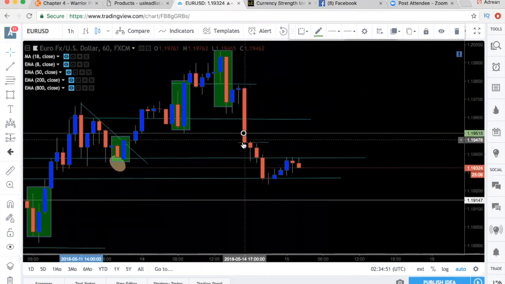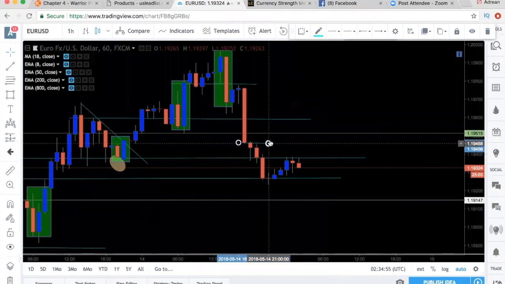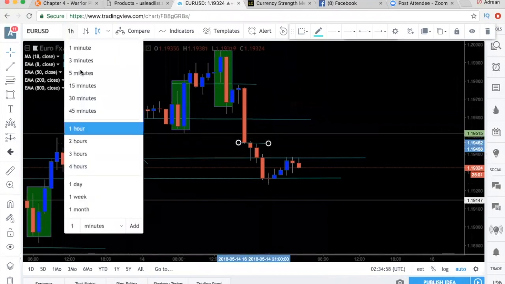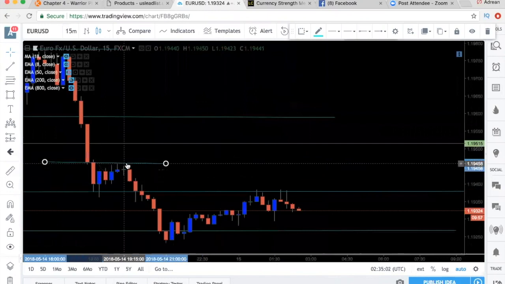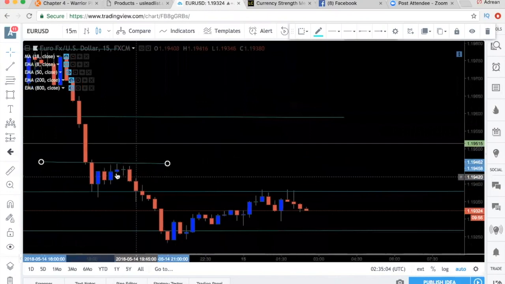Versus right here, if we would have drawn a line here, just a simple line, ladies and gentlemen, a simple line, and gone to the smaller time frame, we would have been able to see, oh snap, it did pull back, exhaustion. And guess what? Now we still have another engulfing candlestick.